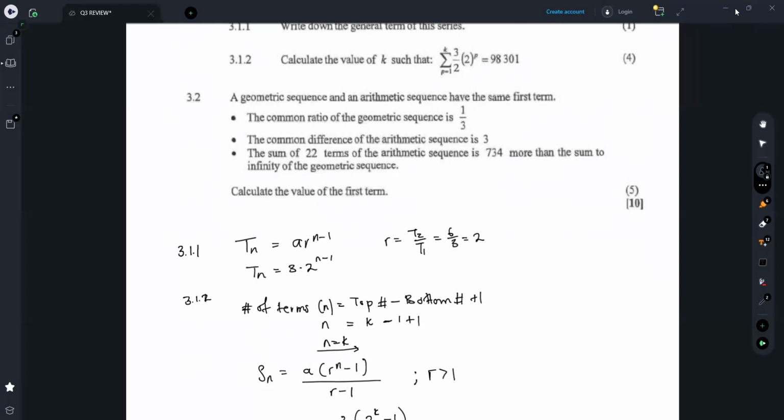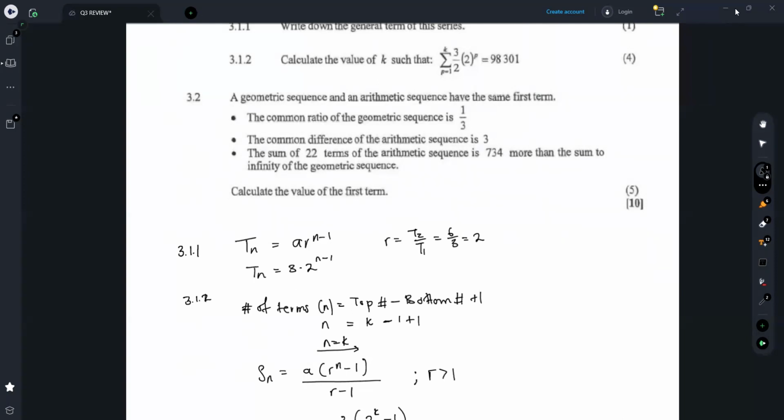Maybe the trick could be on bullet point number 3, where they're saying 734 more than. Please note they're not saying that you have to multiply. They do not say 734 times larger. They just said more than. So instead of multiplication, this is going to be simple addition.